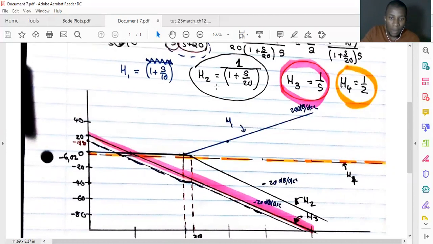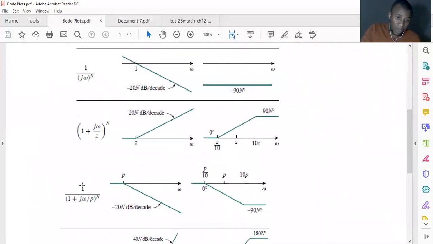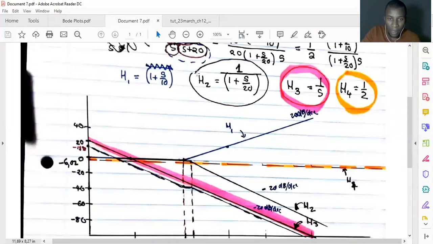So we go to our second sub-transfer function. It's 1 over 1 plus s over a value. So we're looking for that here. So we have 1 over 1 plus s over a value. It tells us that it will go from 0 till p, and then it decreases at a slope of negative 20 decibels per decade. So we go here. This is the second transfer function, right?